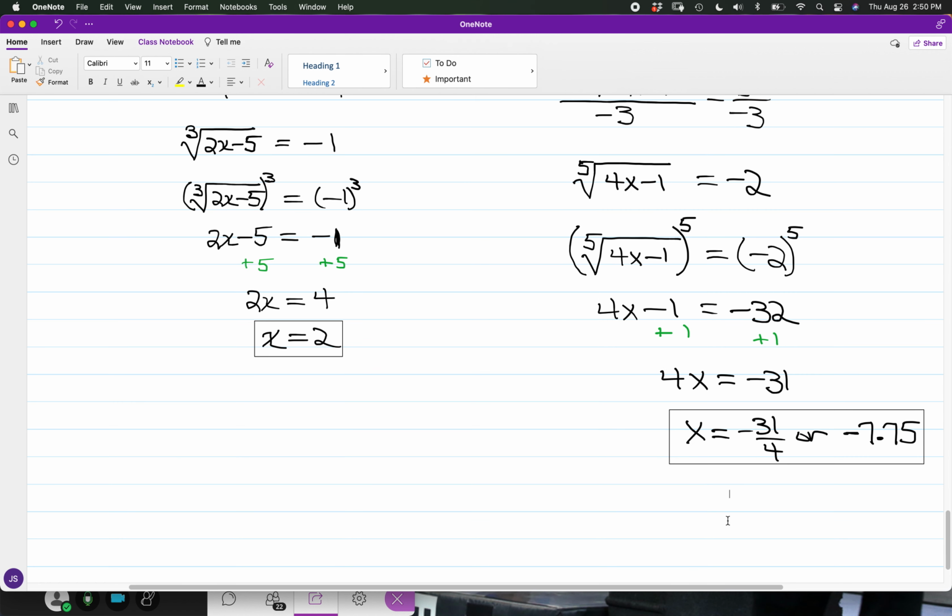And there are some other special cases with radical equations, and we will get back to these. But for right now, there is another type of equation, and this is going to involve absolute value.